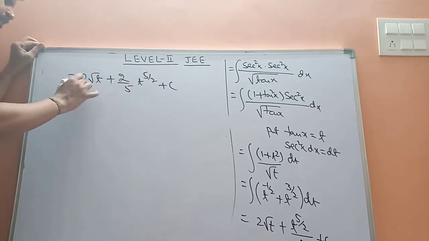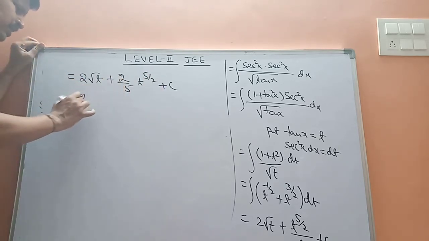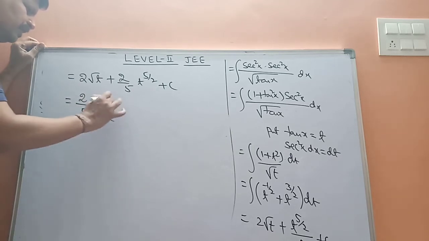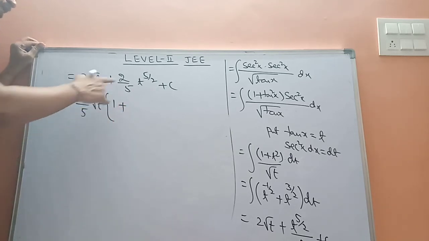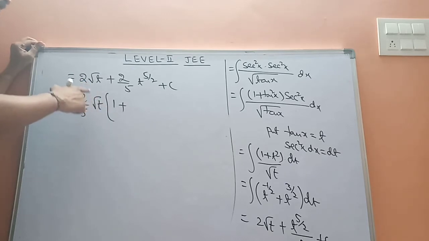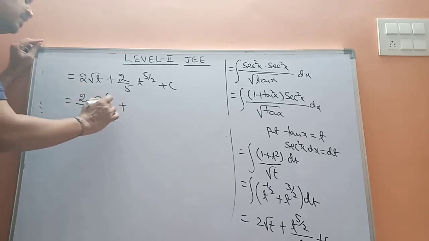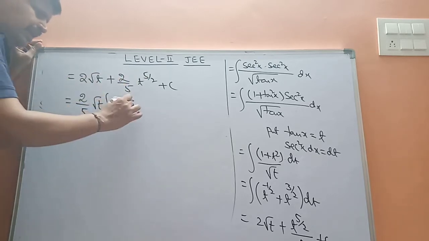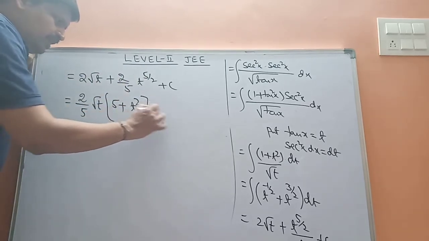Okay, so here 2 is there, here 2 by 5 is there. So take 2 by 5 root t common, that is 5 plus t square, plus c.